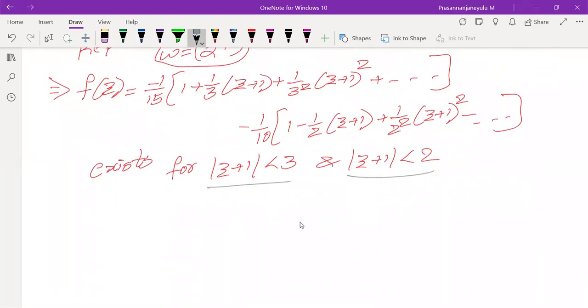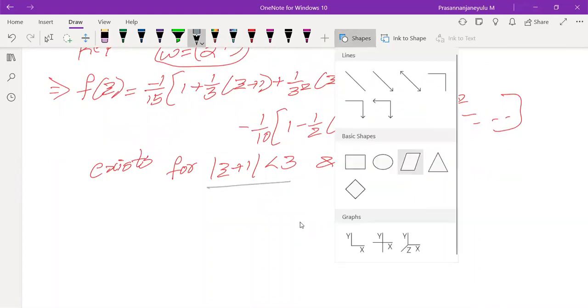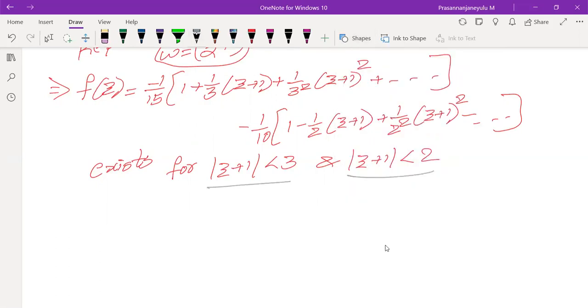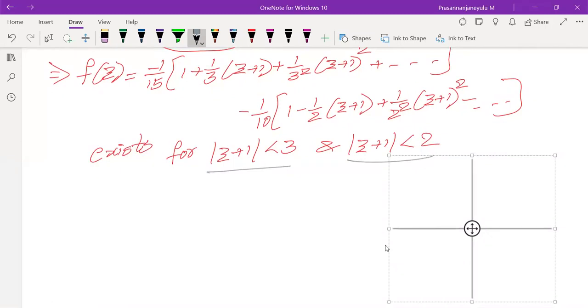So now I am drawing a circle equation. Before I draw, I am taking the xy plane. In this xy plane, where is our z plus 1? The center of the circle is minus 1 with the 2 units distance.